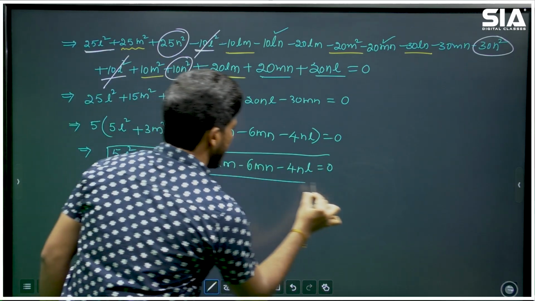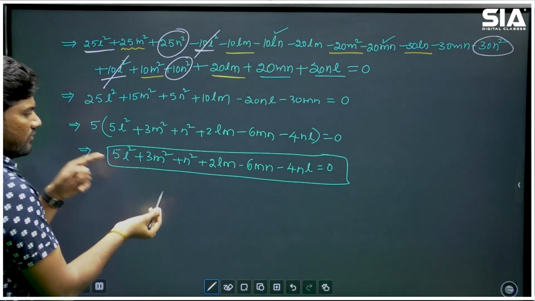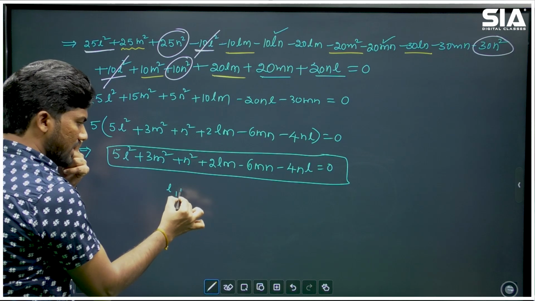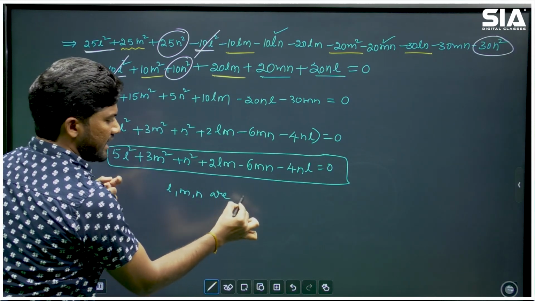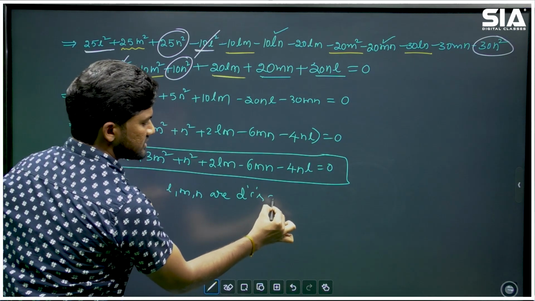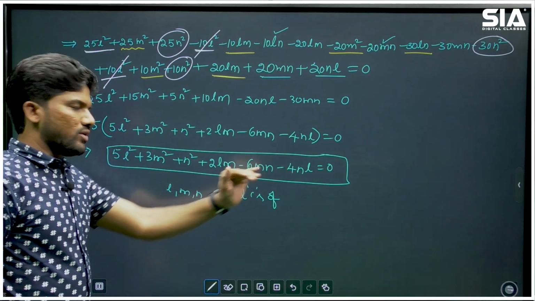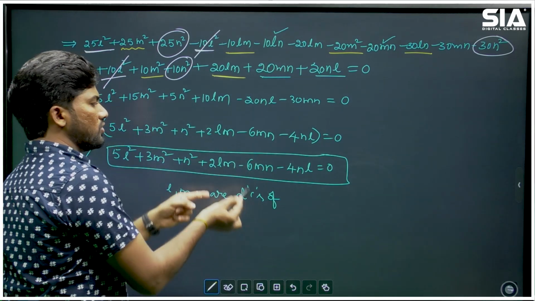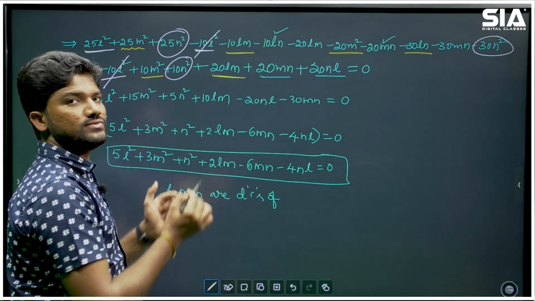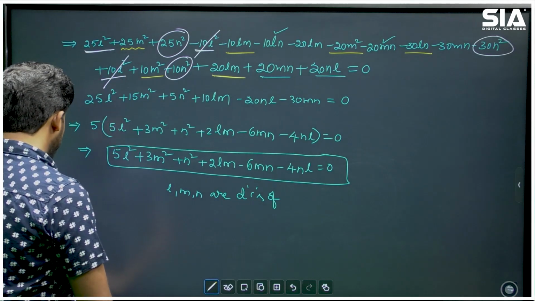So now after getting this equation, what are the l, m, n? l, m, n are the direction cosines of the given plane. Direction cosines means we have to write those values in terms of x, y, z. So how can we write those values?